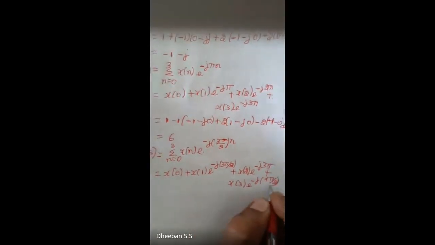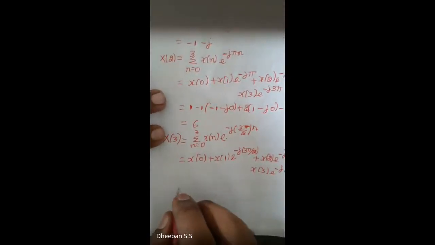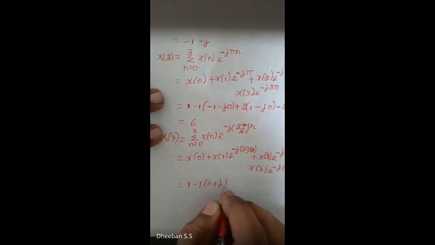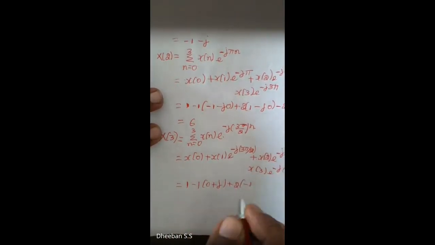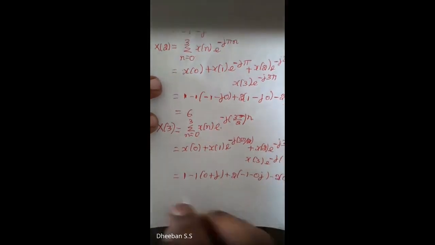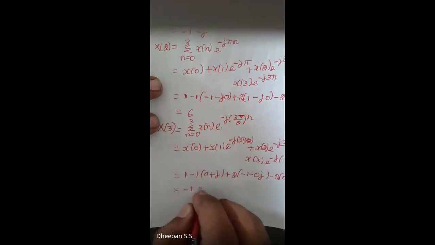On solving this, we'll be getting 1 minus 1 into 0 plus j, plus 2 into minus 1 minus 0 j, minus 2 into 0 minus j. We'll be getting minus 1 plus j.